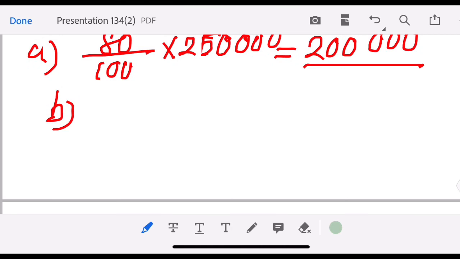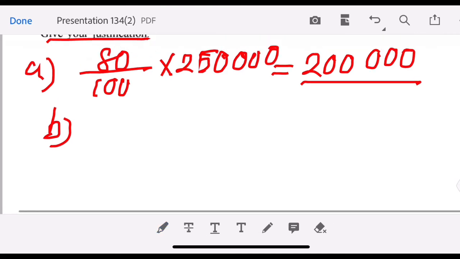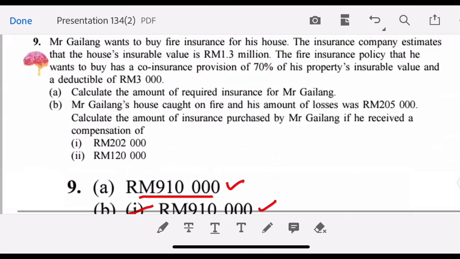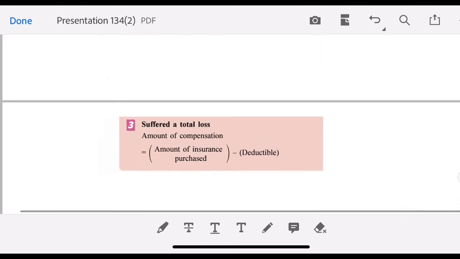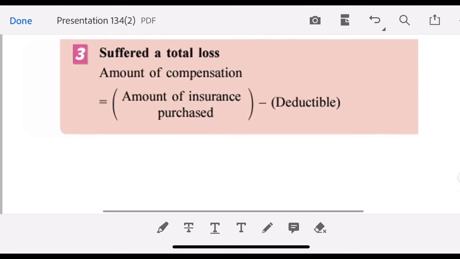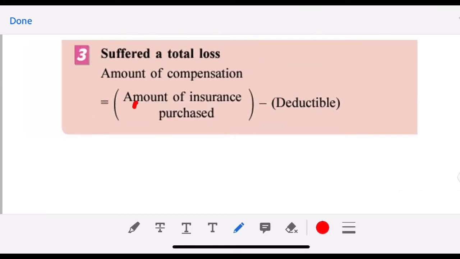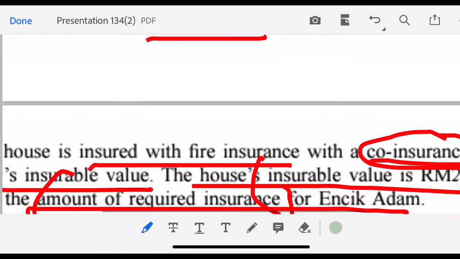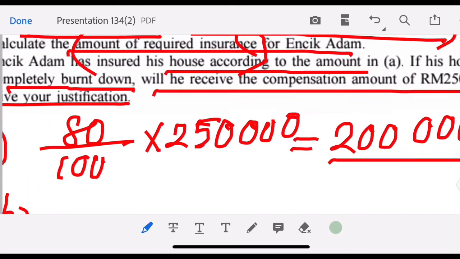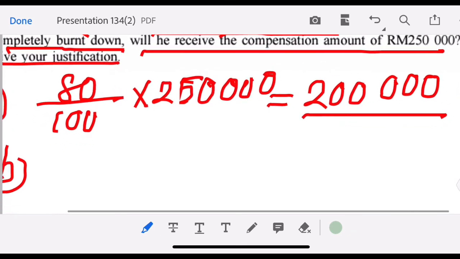Okay, let's see. For this case, it seems like it's a total loss, right? If this is a total loss, we will take the amount of the insurance purchase minus the deductible. So the amount of the insurance purchase is actually 200,000.